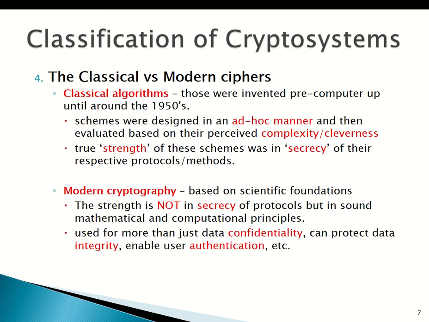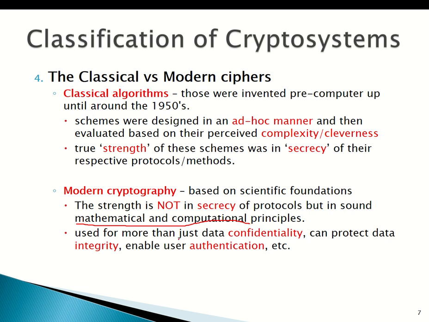Later on, we will study modern cryptography, whose strength does not depend on a secret protocol. It is more like mathematical computation. They depend on mathematical functions to encrypt the data.